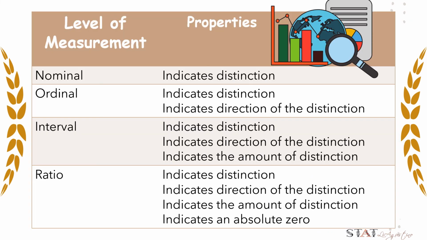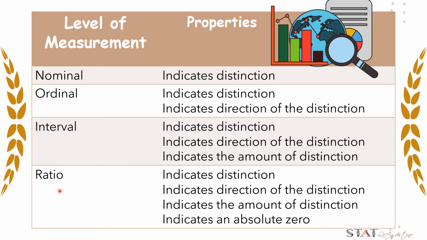So let's have a review or a summary. When I say nominal, it indicates distinction because it is in categorical form. Ordinal indicates distinction, and at the same time it has a direction because it is ranked or ordered. Interval also indicates distinction, also indicates direction, and it also indicates the amount of distinction.